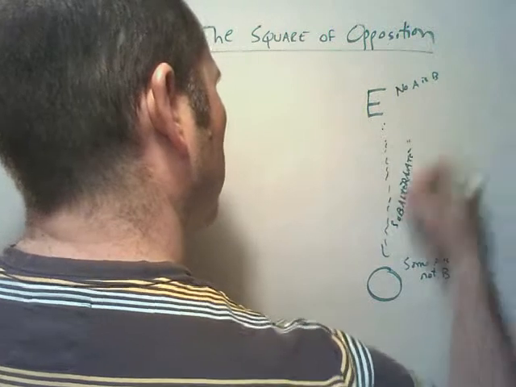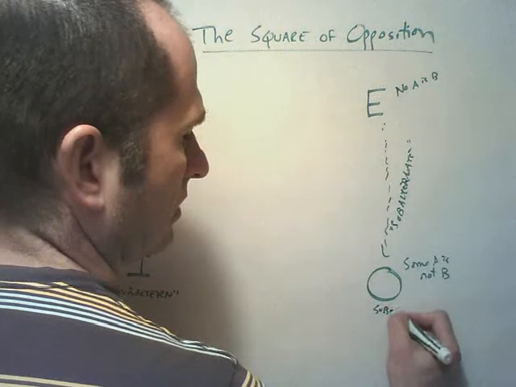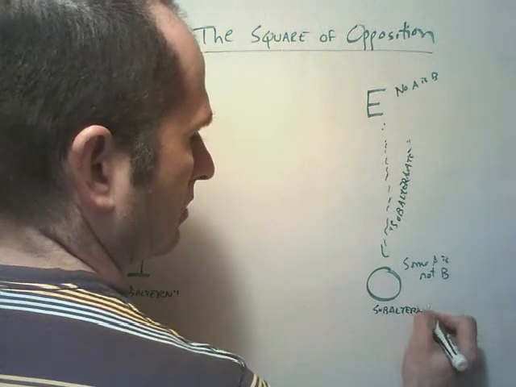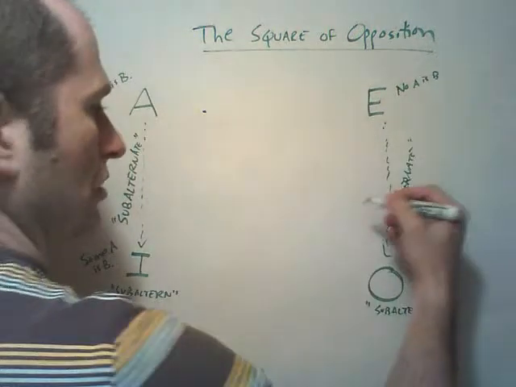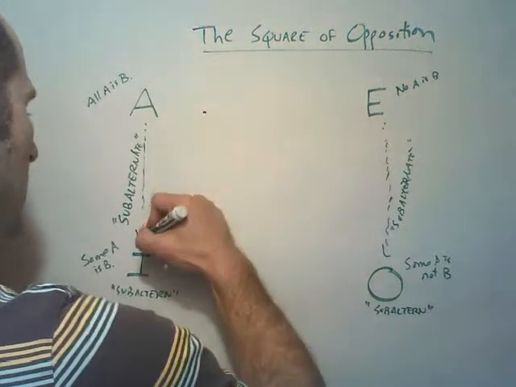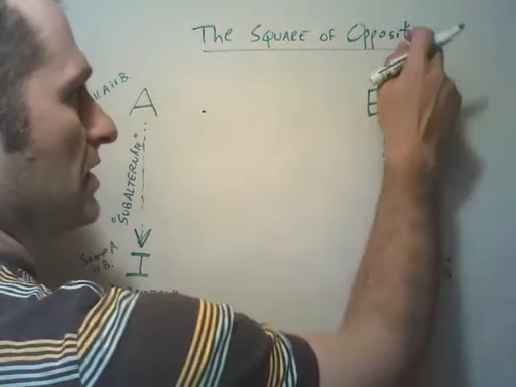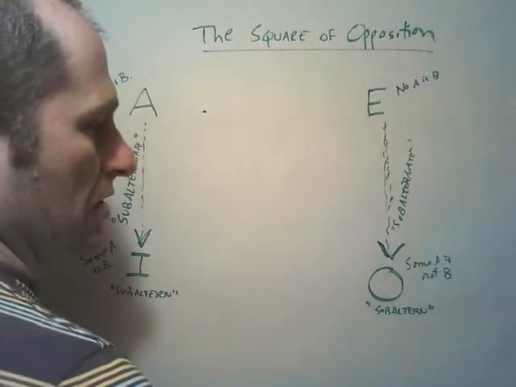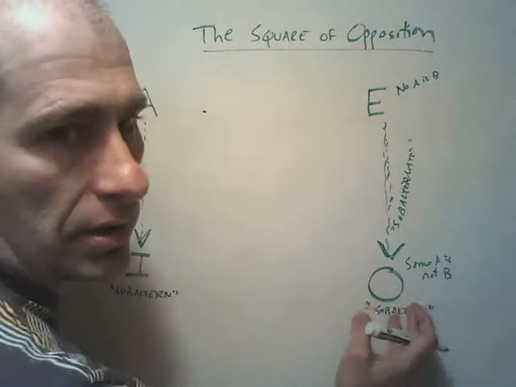This is the subalternate relationship. And again, I need to draw the arrow this way, because if this holds, then this holds.